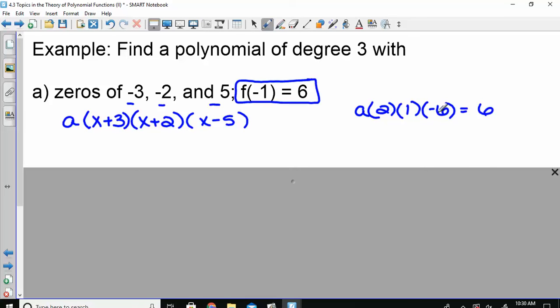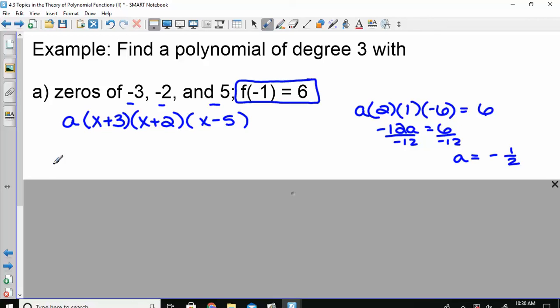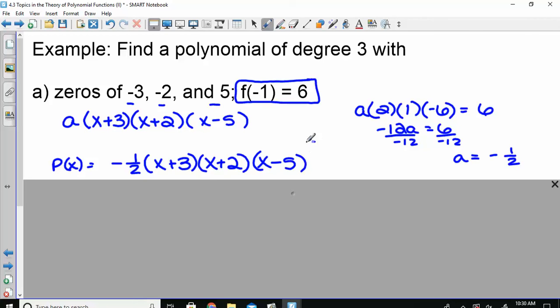So 2 times 1 times negative 6 is negative 12. We divide. We find out that number has to be negative 1/2. So my final polynomial that meets all of these requirements is negative 1/2 times x plus 3 times x plus 2 times x minus 5.